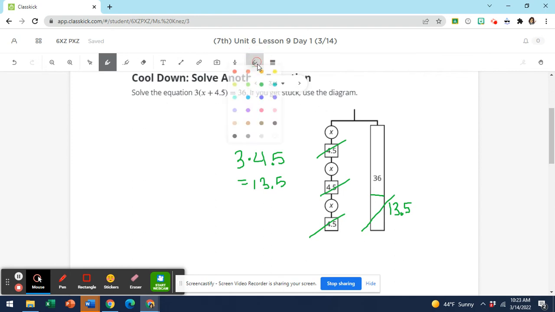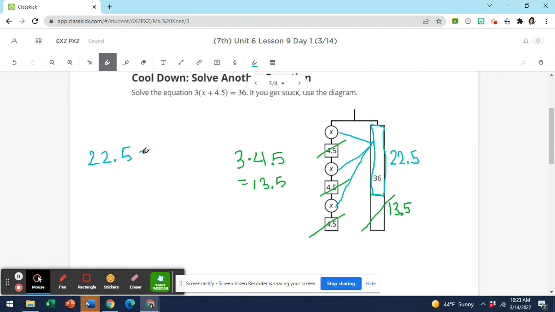If I get rid of 13.5, I'm left with 36 minus 13.5, which is equal to 22.5. And that 22.5 is split up between 1, 2, 3 groups of x. In other words, 22.5 equals 3x, because every x is the same.